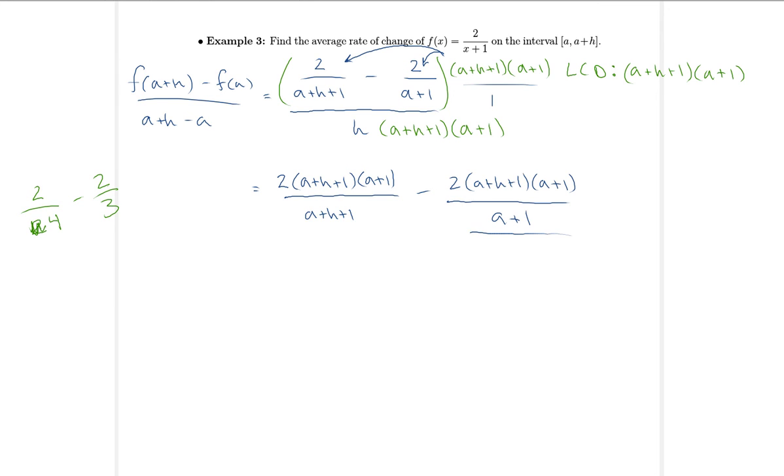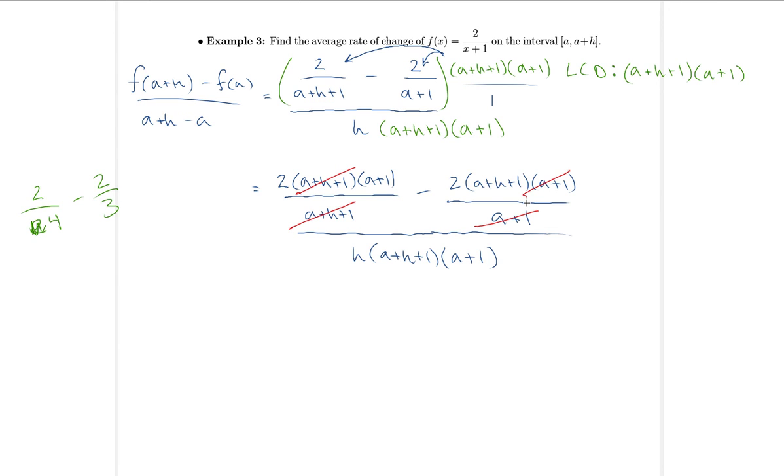And that's all divided by, and I'm really not going to be in a hurry to do any kind of multiplying out on the bottom because it just looks hard. And we know that maybe some of this will cancel. So there we just leave it just like that. But in the top I can see some nice canceling. This a plus h plus 1 is multiplied by everything in the numerator, so I can cross it out with that.